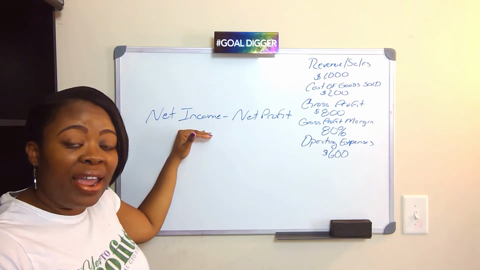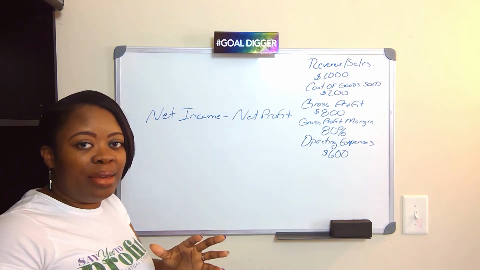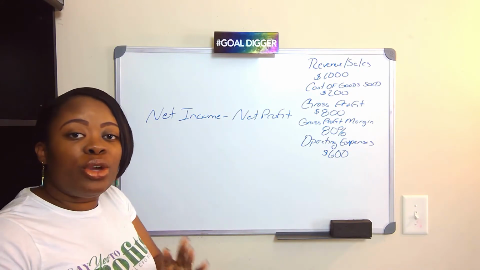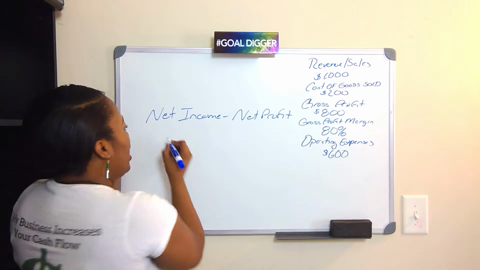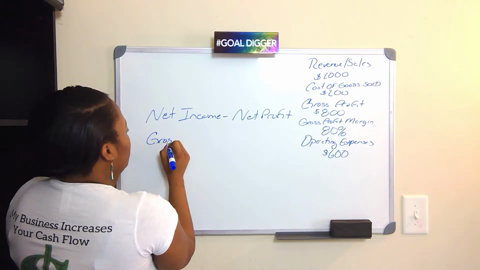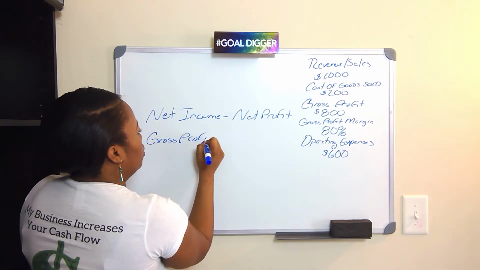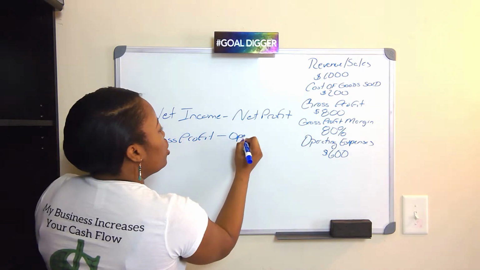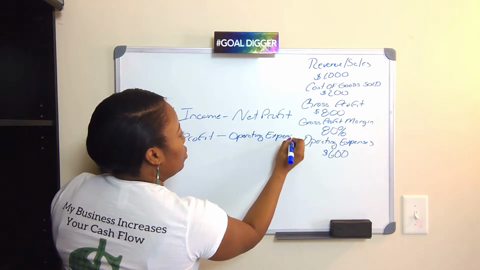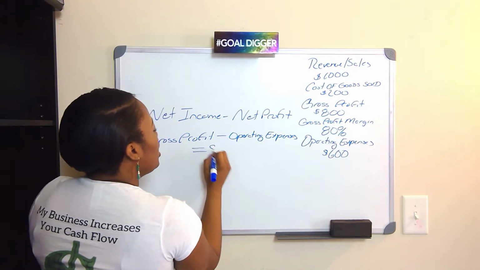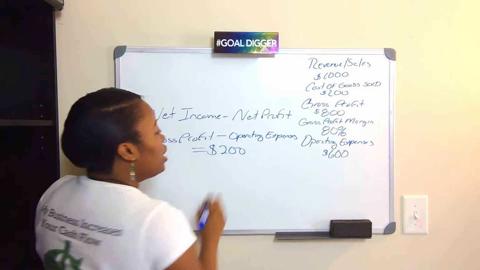They're similar, right? And they actually mean the same thing. In order to determine your net profit, for the purpose of this example, you're going to take your gross profit minus your operating expenses, which is going to give you $200.